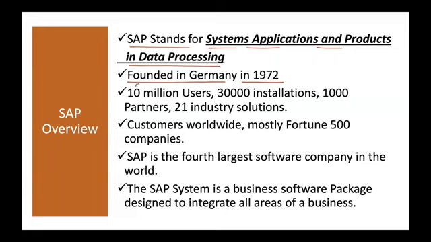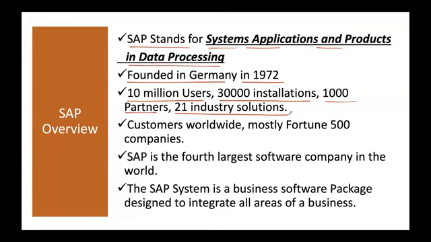Okay. As of now, there are 10 million users, and 30,000 companies have already installed SAP. They are working on SAP to run their day-to-day businesses, their company operations, their organization operations. And there are 1,000 partners of SAP, and SAP has already come up with 21 industry solutions.